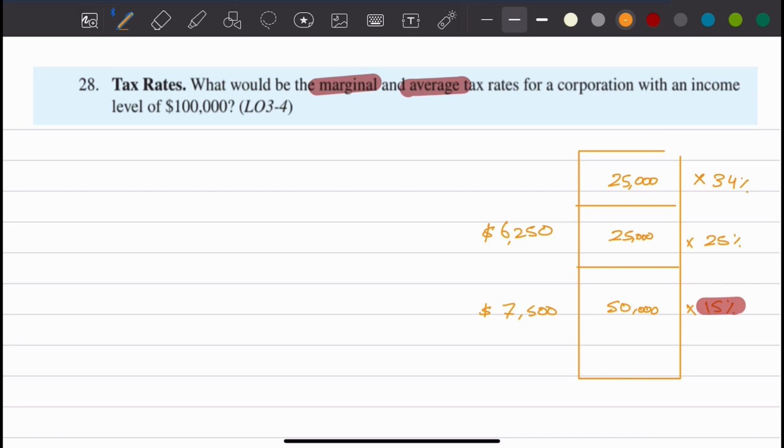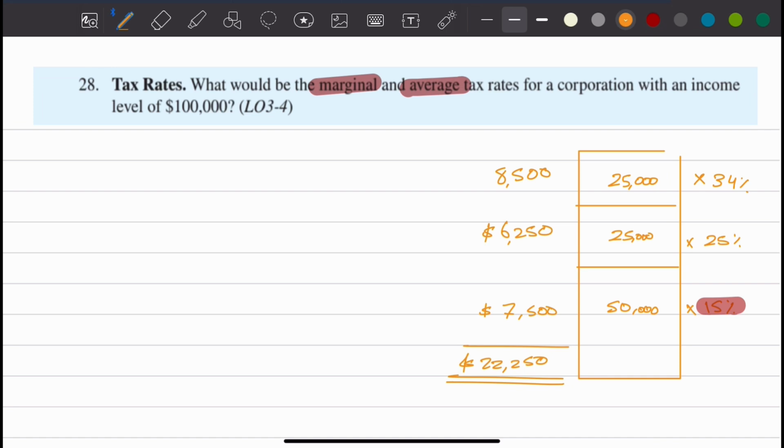And then the top 25,000 is going to be taxed at 0.34, so that's going to be 8,500. If we add all of these together, 8,500 plus 6,250 plus 7,500, that's going to be $22,250. So that's the amount of tax that the company is going to pay.